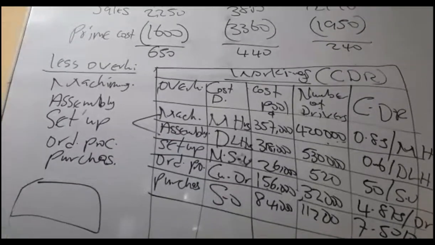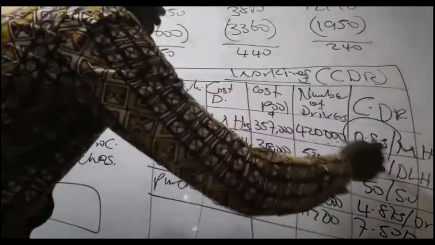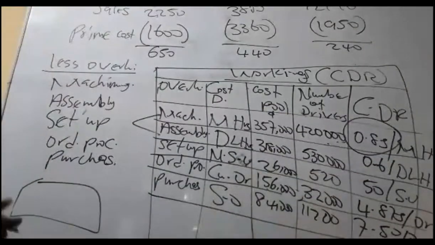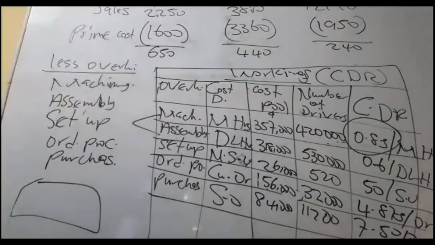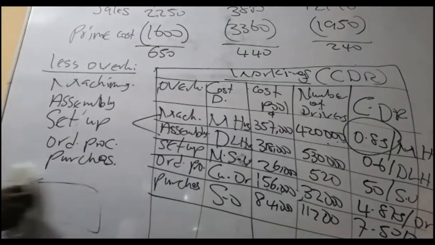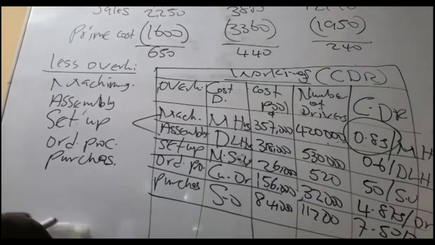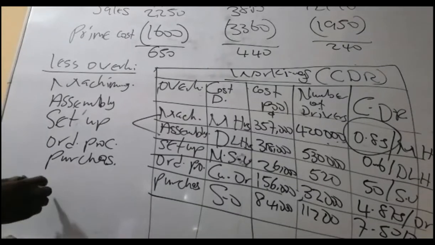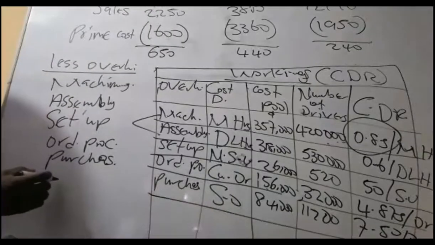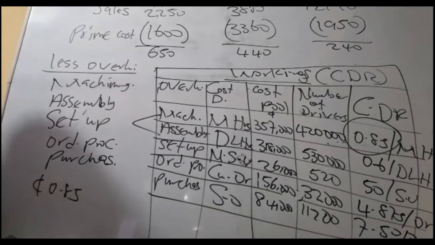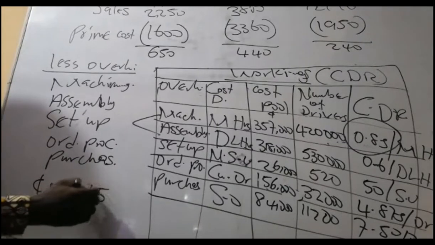The machine rate is 0.85. So I pick the 0.85 and multiply by the production units. What is the production unit? 50.